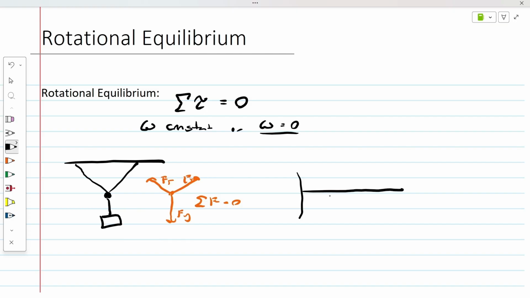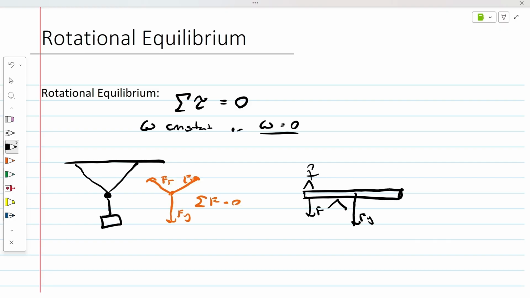So let's say we had some rotating, or let's do this actually. Let's say we have a seesaw, and let's say the hinge is right here. So now there's a force due to gravity. Maybe someone is standing on this side, so they have an extra force applied.